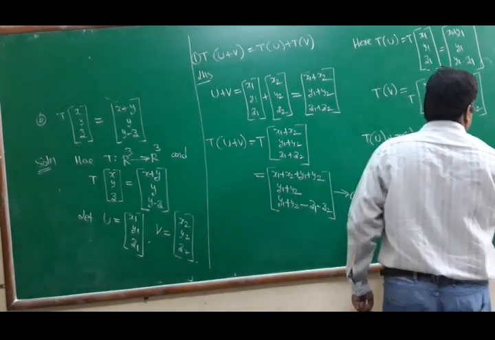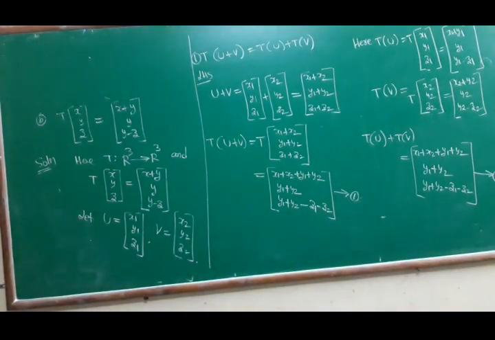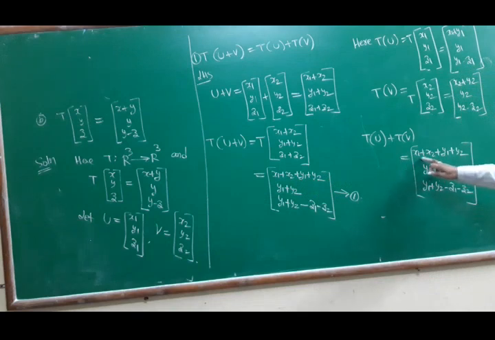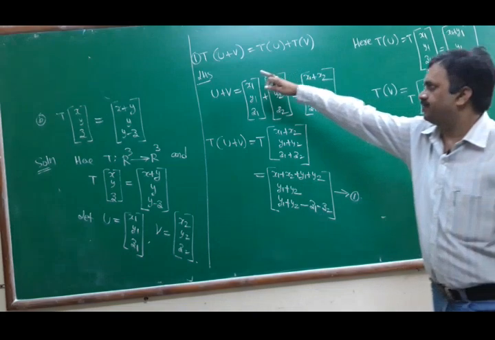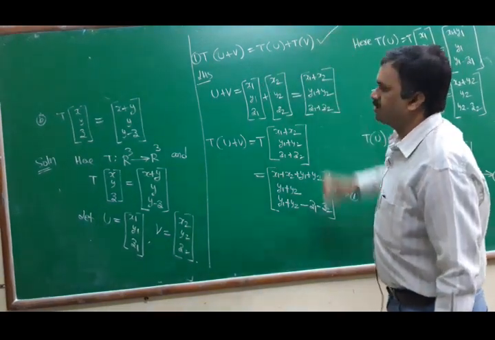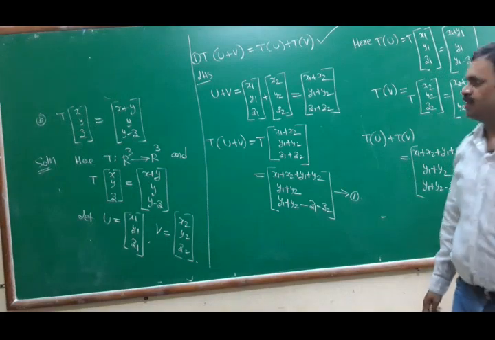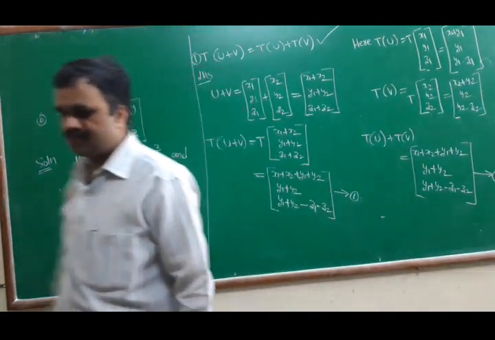Equation number 2. Compare equation 1 and equation 2, both are the same. So T of u plus v equal to T of u plus T of v. First condition is satisfied. Next, the second one.